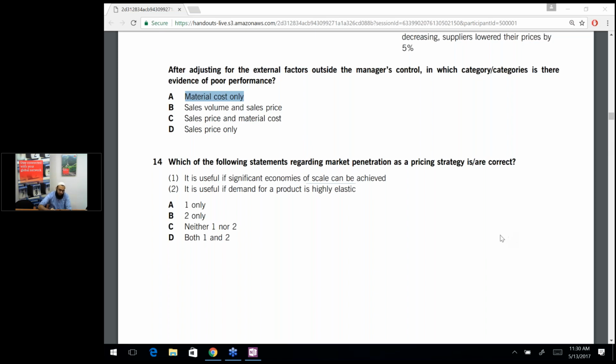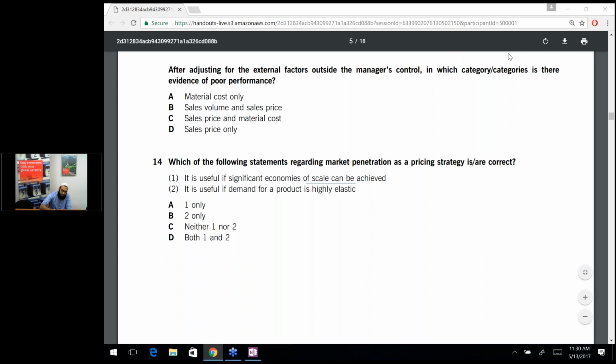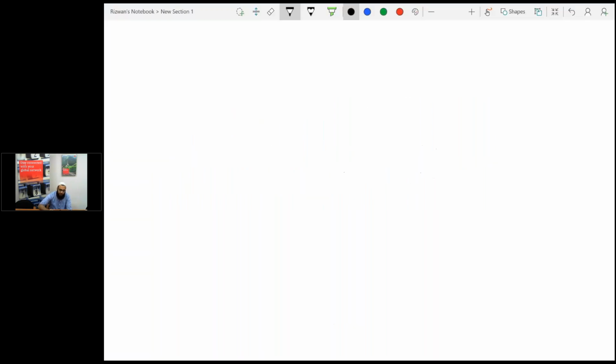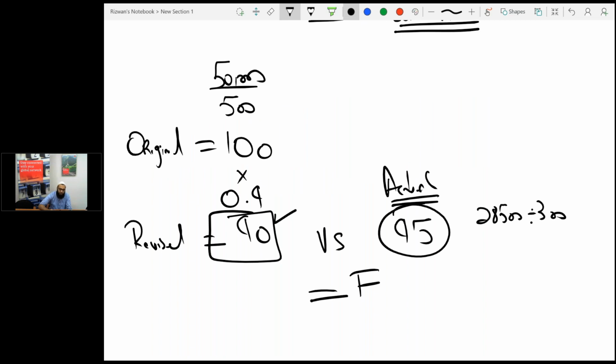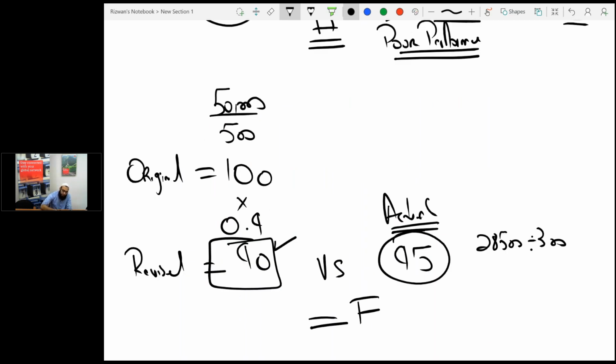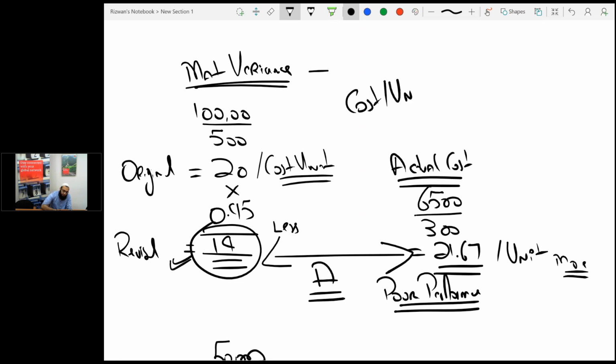Material cost. Yes, material cost. I worked out material cost, it was very simple. I didn't actually work out material price variance. My working was on total. I worked out using cost per unit because I didn't have kgs given here. So I worked out the standard cost per unit, then the revised cost per unit, and compared that with the actual cost per unit.